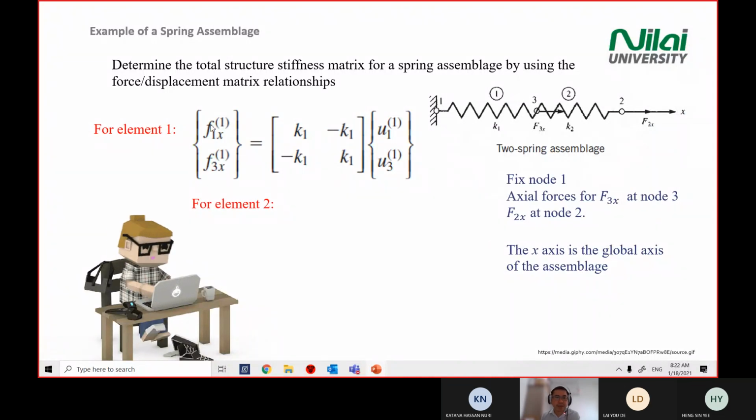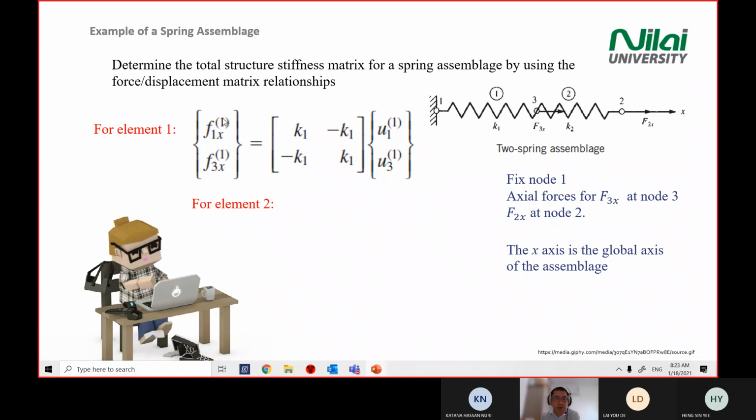For element 1, you only have 2 nodes here: node number 1 and node number 3. So you change to F1x, 1 represents point number 1, x direction, and for point number 3, you write small f, 3, and x direction.